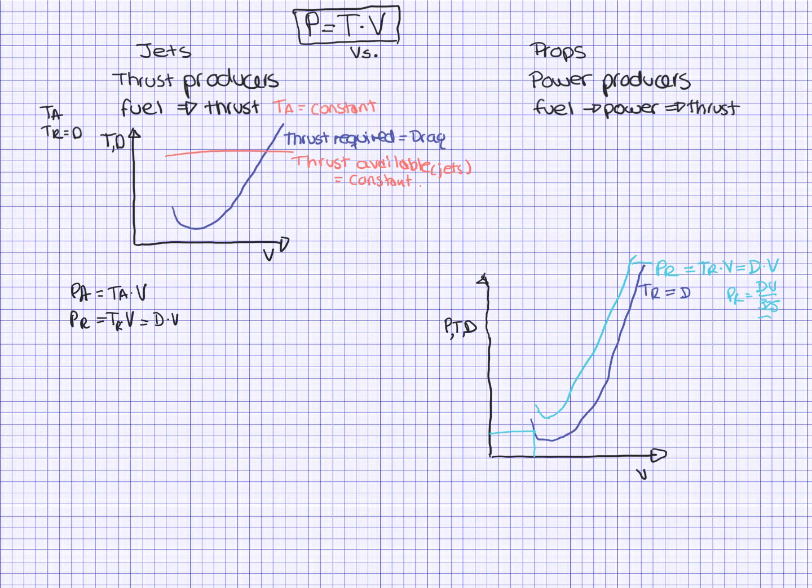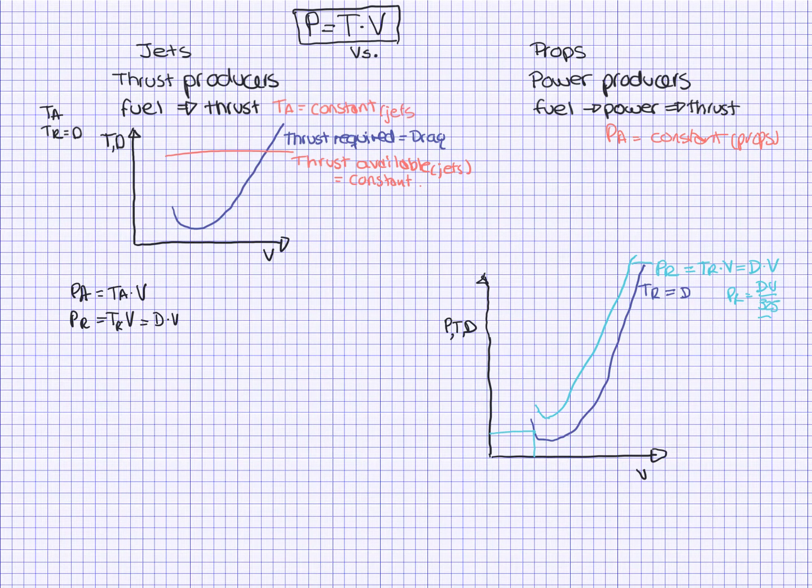Now, for power available for props, we said that power available is relatively constant for props, because props are power producers. They transform fuel into power.